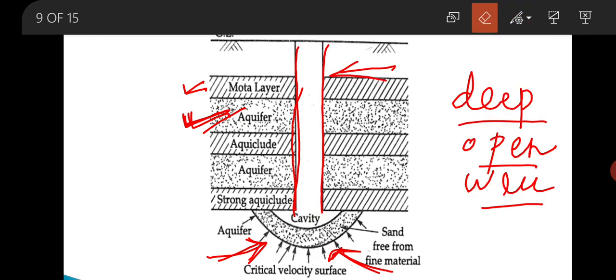This one is the strong aquiclude where it will rest, and a cavity is formed at the bottom. Below the strong aquiclude there is an aquifer. So, water from this aquifer will enter the well pipe through this cavity.